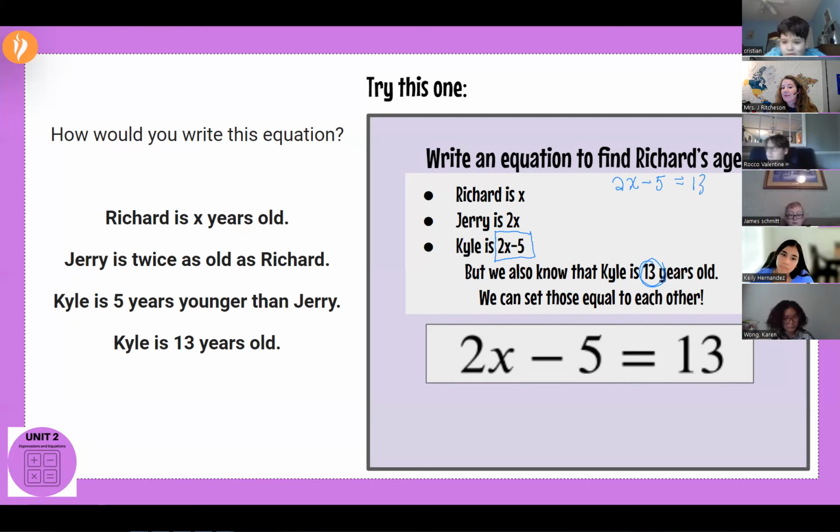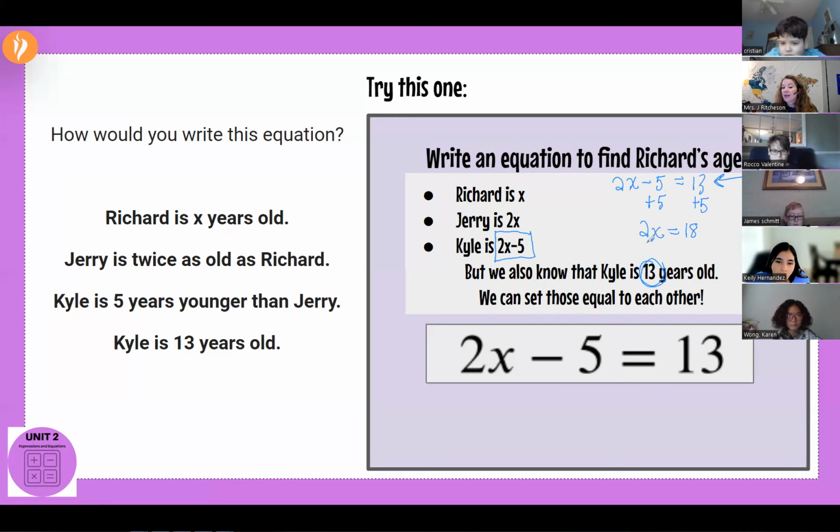So we can figure out Richard's age by using this equation that we set up for Kyle's age. Okay, so then to solve for X, we would do what? We're going to add 5 to both sides. So we have 2x is equal to 18.